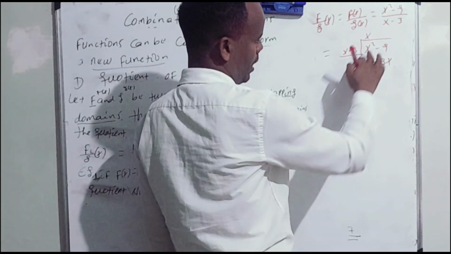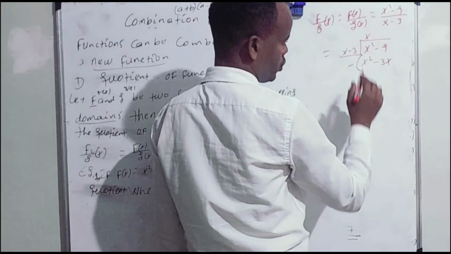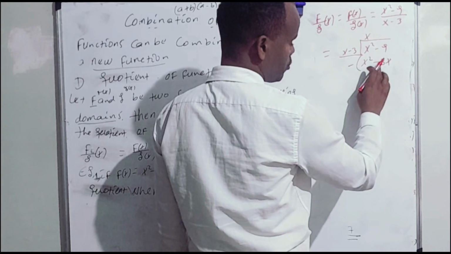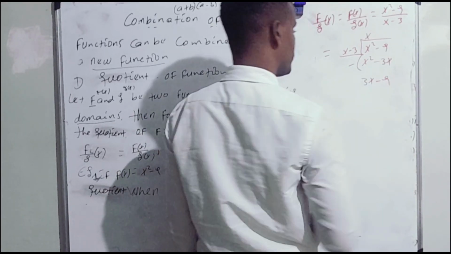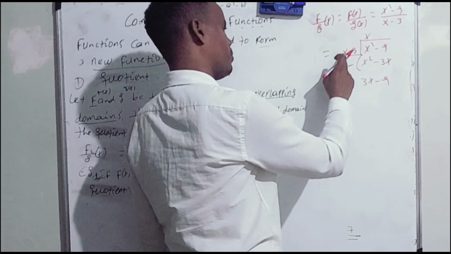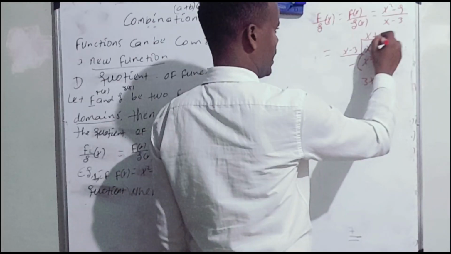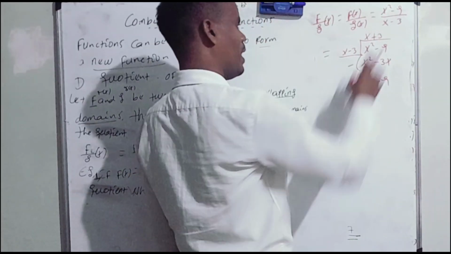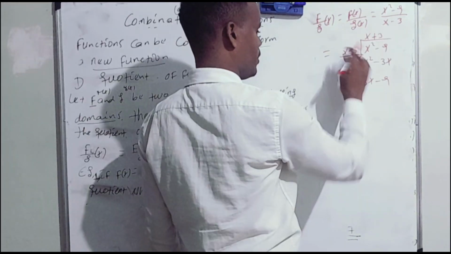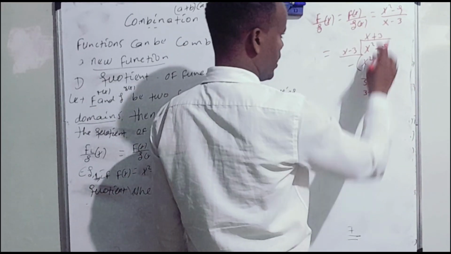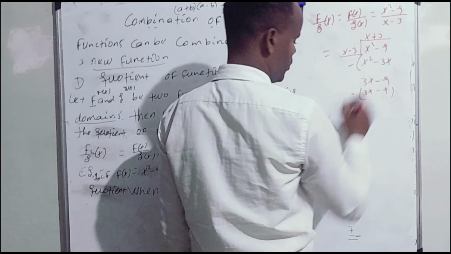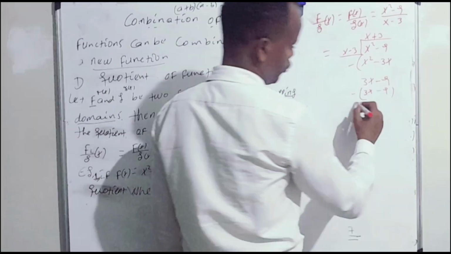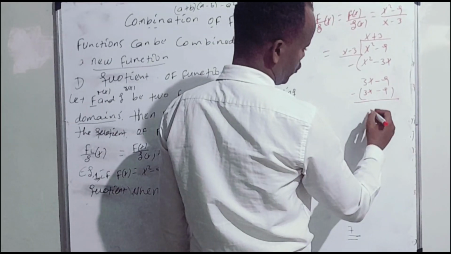Subtract: x to the power of 2 minus x to the power of 2 is 0, and minus times minus 3x gives plus 3x, and bring down 9. Then divide 3x by x, which gives plus 3. 3 times x is 3x, 3 times minus 3 is minus 9. Subtract: 3x minus 3x is 0, and 9 minus 9 is 0.